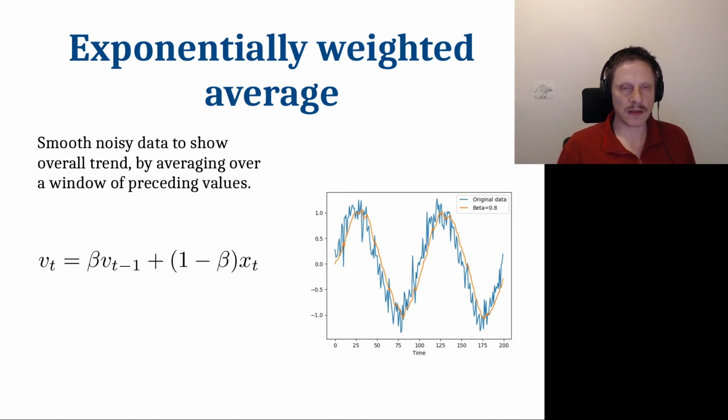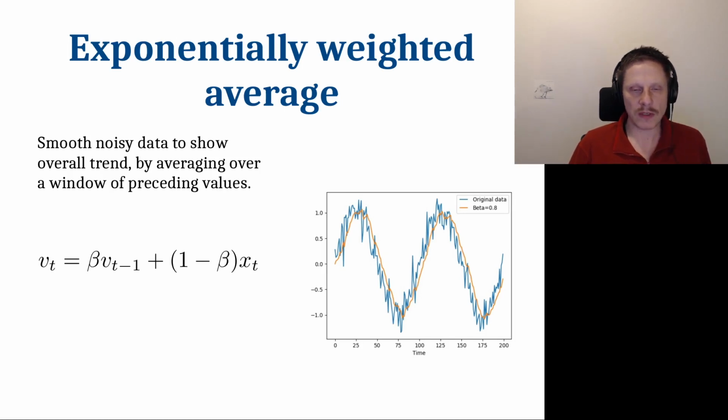And the weights are given by beta and 1 minus beta here. And by increasing beta, we can control how long the window over which we are averaging is going to be.